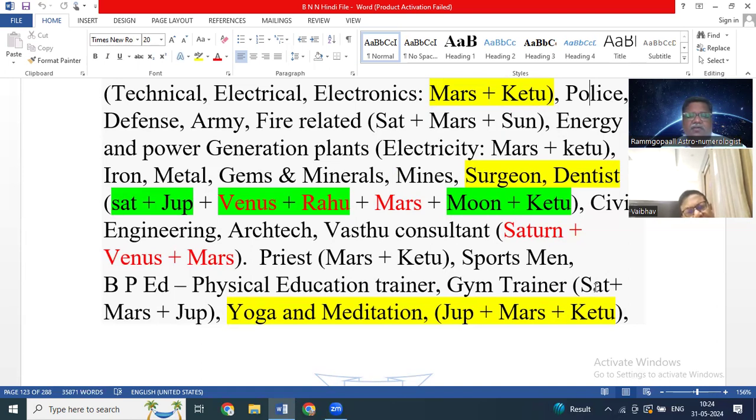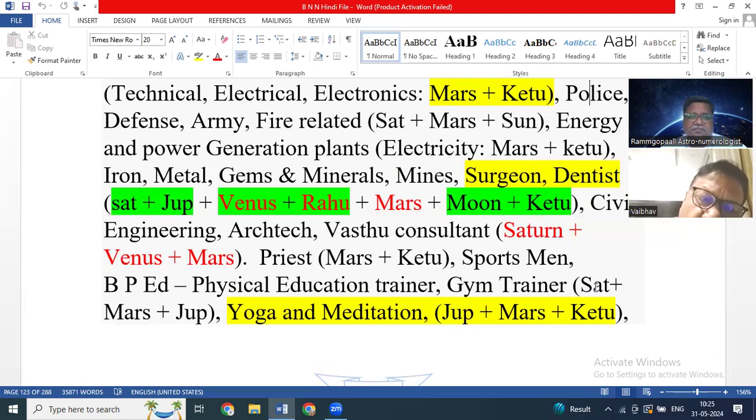Venus is required. A Vastu consultant gives suggestions only for house construction. An architect also gives the same suggestions for house construction. A civil engineer also gives the same suggestions for house construction. So civil engineer, architect, Vastu consultant, they will have the Venus-Mars combination along with Saturn.